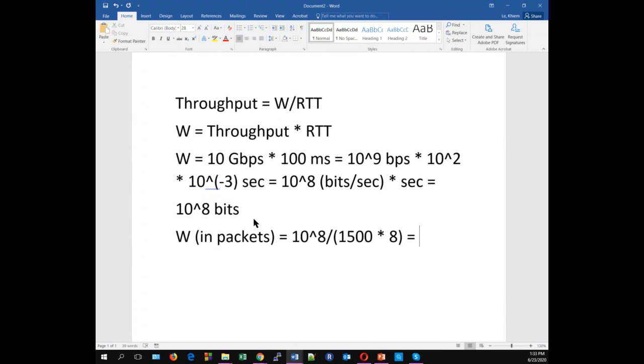Okay, now here I reached the limit of my mental calculation. I need to use a calculator. So if we use a calculator, we are going to have 10 to the power of 8 divided by 1500 times 8.